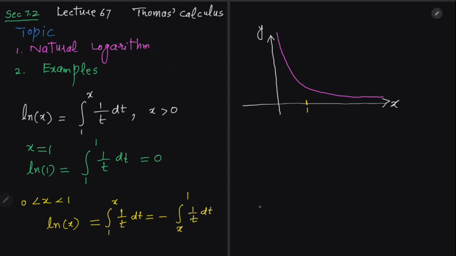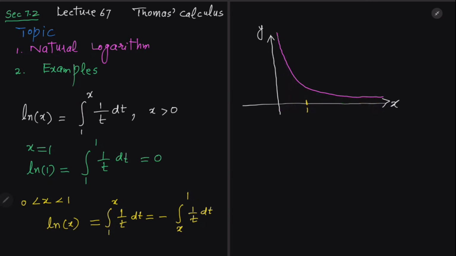Let me just draw it for you. Why is this a negative area? Since this function lies all over the positive side, all the areas, for example this area from 1 to x, have a positive answer. But for the area from x between 0 and 1, this is the area, but the natural log of x is negative there.